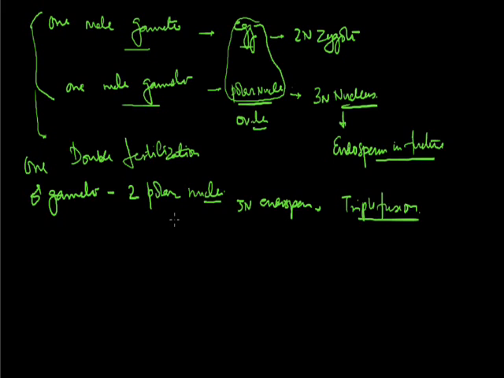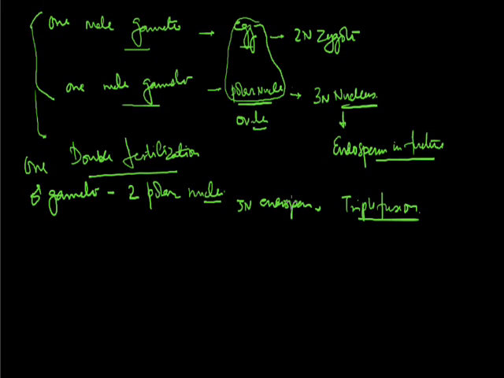So we should be very clear about these two terms, double fertilization and triple fusion. I am repeating: one male gamete fusing with the egg forming the diploid zygote is known as fertilization, and the second male gamete fusing with the polar nuclei forming a triploid nucleus.